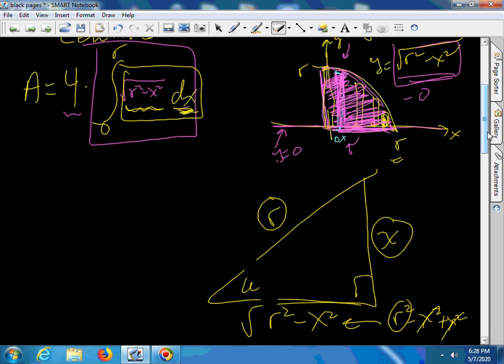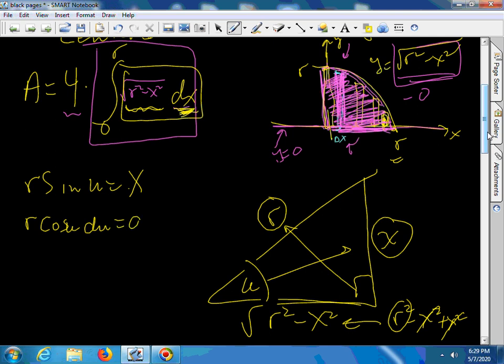And I realize the sine of u is opposite over the hypotenuse, which is basically a number, a constant. Now instead of dividing by r, I'll multiply the other side by r. So now I have what x equals, which is really good because now I can find dx. I take the differential of the left side and I compute the differential of the right side. And I now have what dx is.